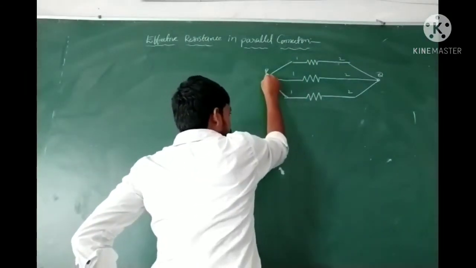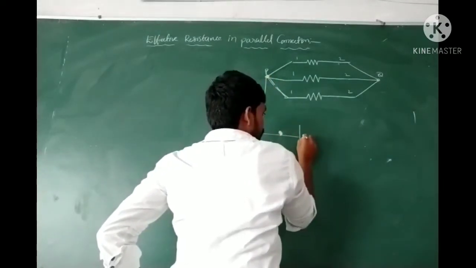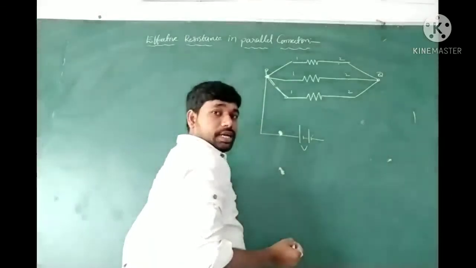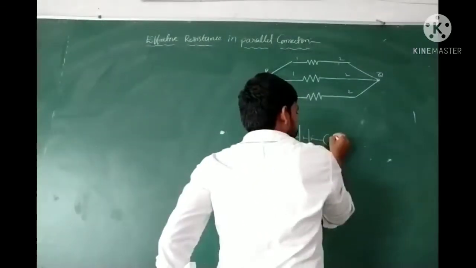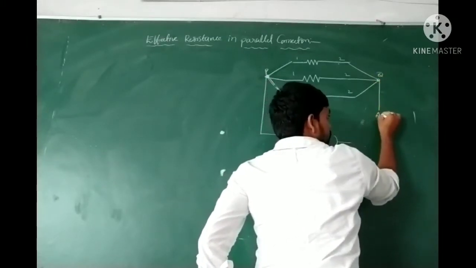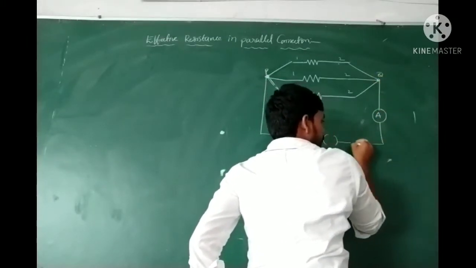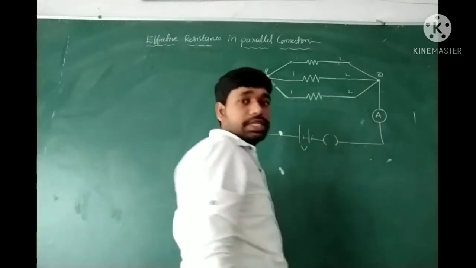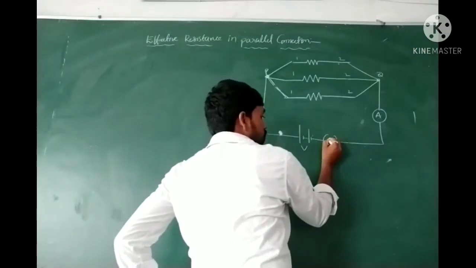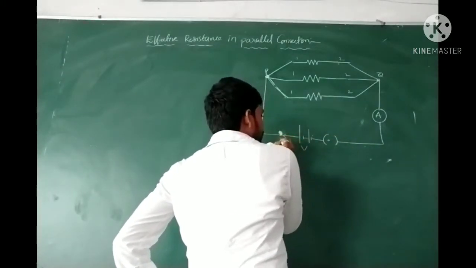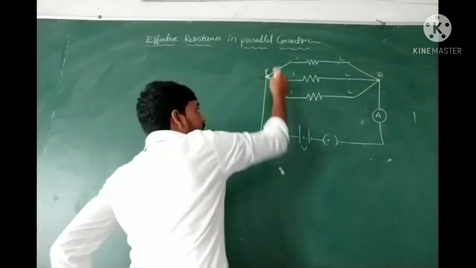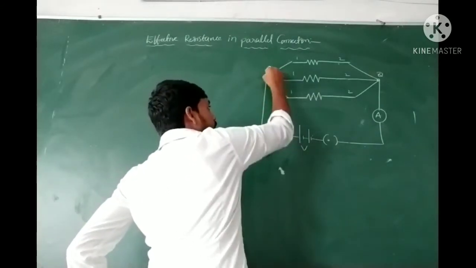Let us say a battery of V volts is connected to this circuit. To switch the circuit on and off, we connect a switch. To measure the current flowing across the whole circuit, we use a current measuring device called an ammeter. When the switch is closed, the current I flows, and at the junction P there are three paths for the current.